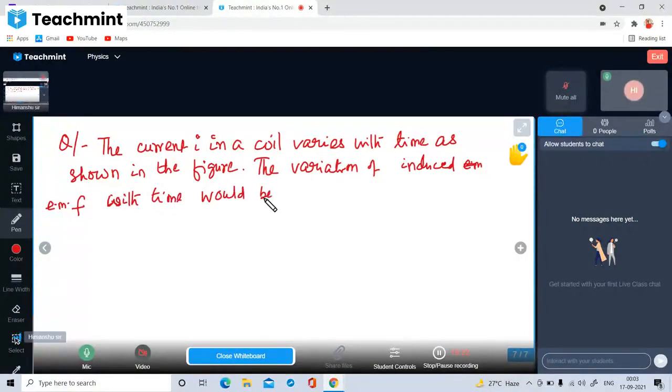So what is the figure? Let's first do the question figure. Here it is 0. T is the time axis, the x-axis. Then current is the y-axis. So first it increases, then declines.